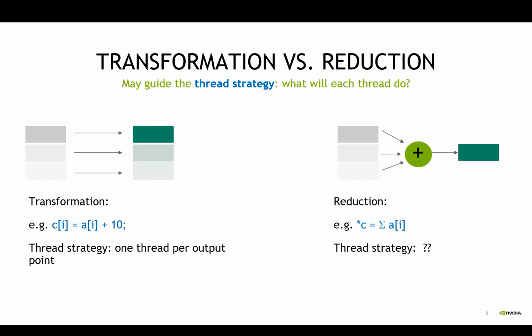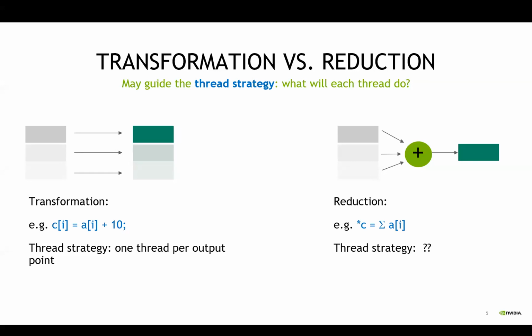If I use the same thread strategy in a naive fashion, in other words, I would like to assign one thread per output point, I quickly observe that I only have one output point, and therefore I'm only going to use one thread. The realization I would use then is exactly the same serial realization with the for loop that I observed on the previous slide.